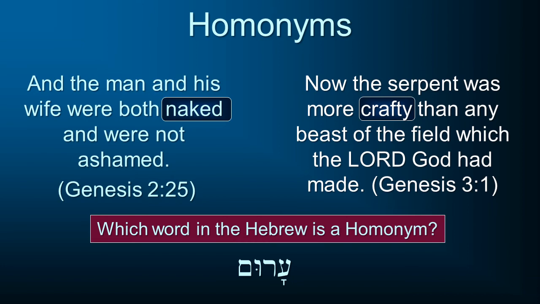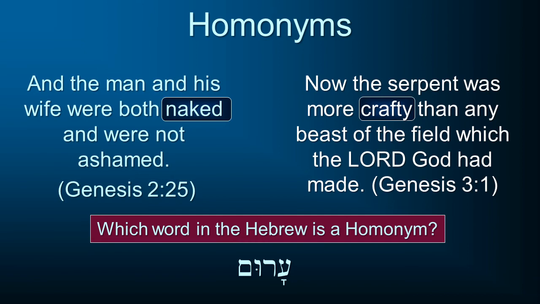And it's not that one has translated it wrong and the other's translated it right. They are both correct translations. They are both possible, and I think correct. I think the translators did a great job. But it just so happens that the word for naked and the word for crafty sound alike in Hebrew. So you've got one word that has two totally different and unrelated meanings.